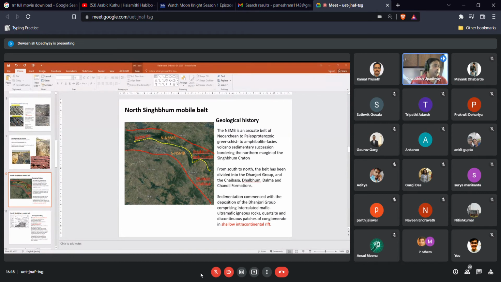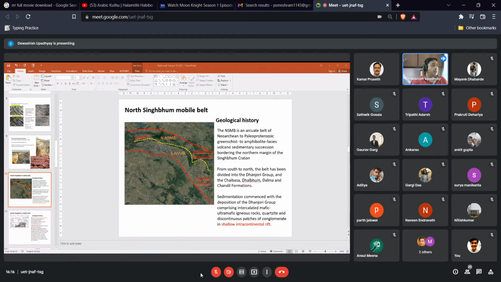Paleo-Archean starts at about 3.6 Ga and the Neo-Archean ends at about 2.5 Ga. So you have rocks of this age that make up the Singhbum Craton. Most of these rocks are granitoids and supracrustal rocks. Supracrustal rocks means rocks which are deposited above a basement.